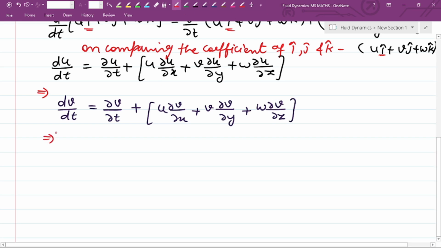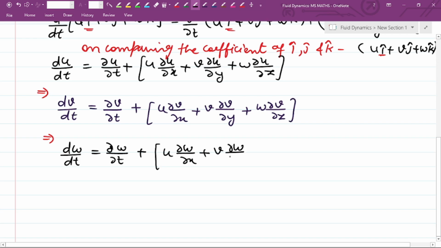In the similar manner, we'll have dw by dt is basically dou w by dou t plus u dou w over dou x plus v dou w over dou y plus w dou w over dou z. These are the acceleration components.